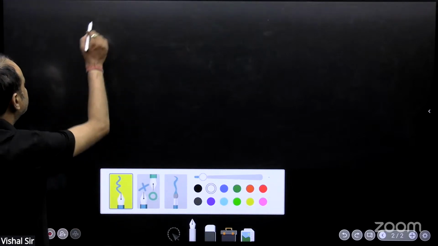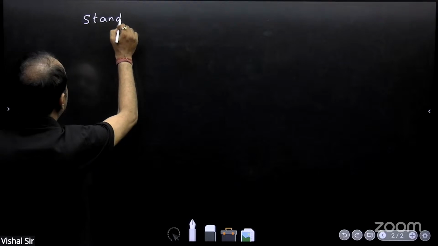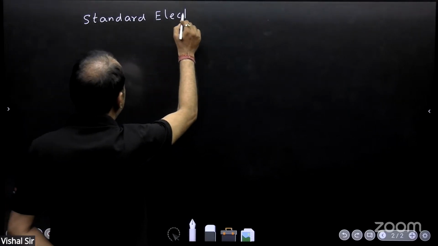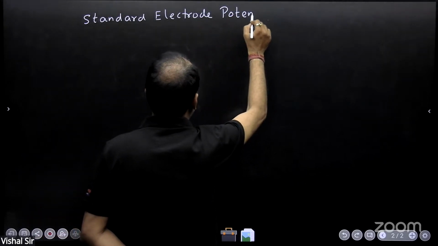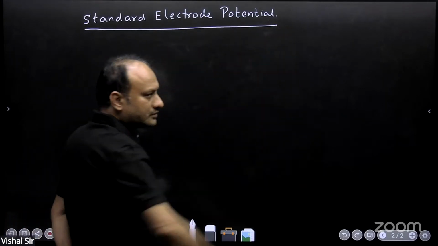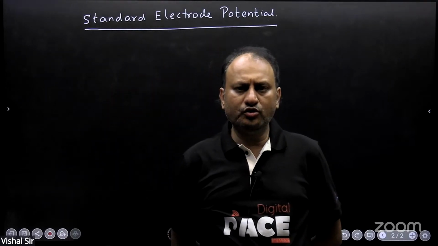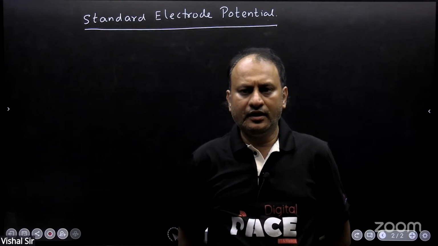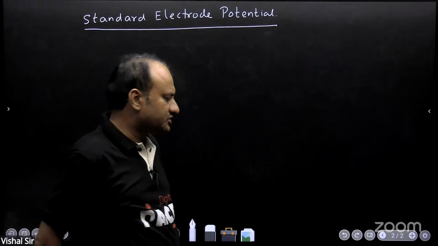First of all, we should understand that in any half cell, two oxidation states of an element are involved. Okay. And there is always an equilibrium between these two states.